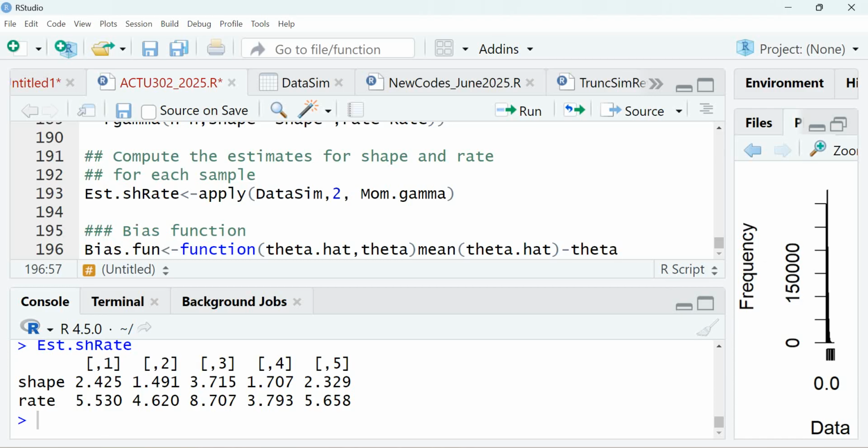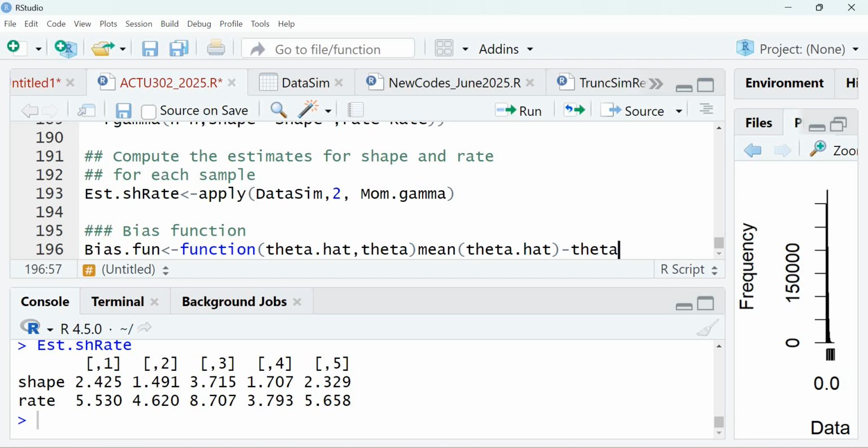Is that okay? Alright. So how do I write this? What will be the arguments of this function? We need what and what? The mean.